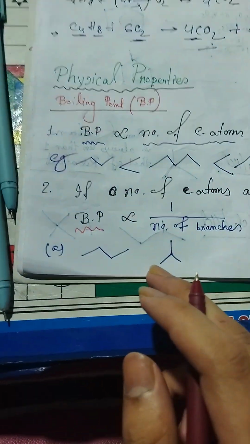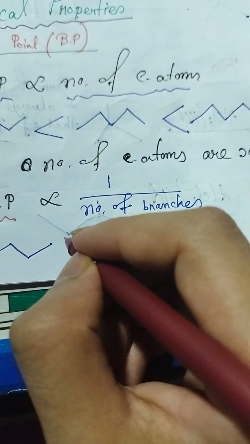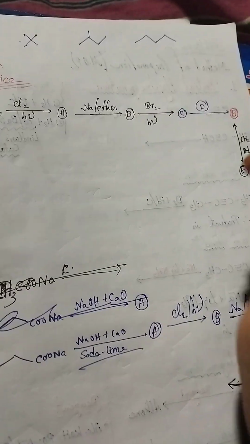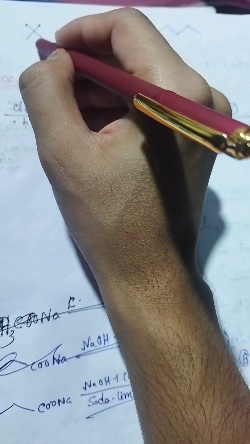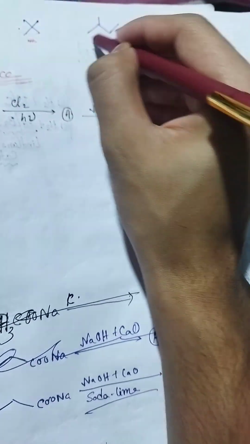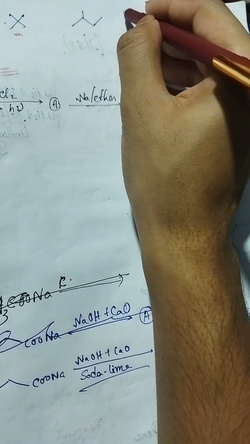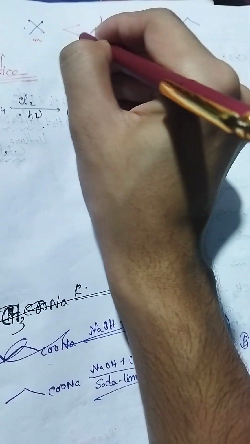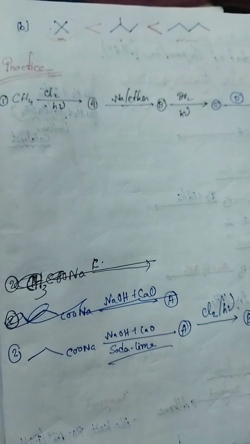That's why in this question the answer is this. And in this question, here branching is more, here branching is less than that, and here no branch. That's why this is more stable, this is less stable.